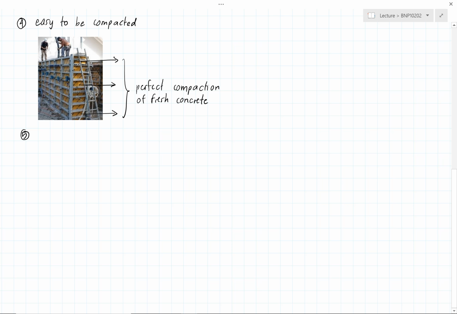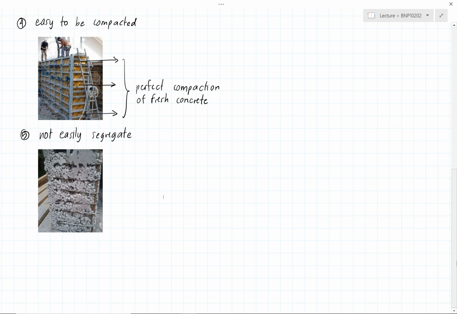In number 5, your concrete must not easily segregate. What is segregation? Segregation is the separation between coarse aggregate and fine aggregate because there is an insufficient amount of cement paste to bind them together, and finally you have a lot of pores as shown in this picture. This is the picture of a column.